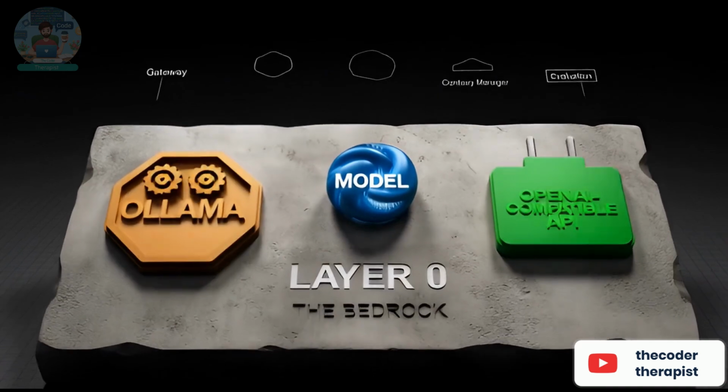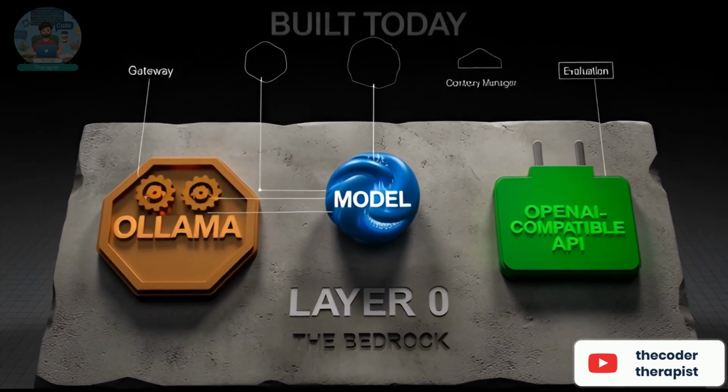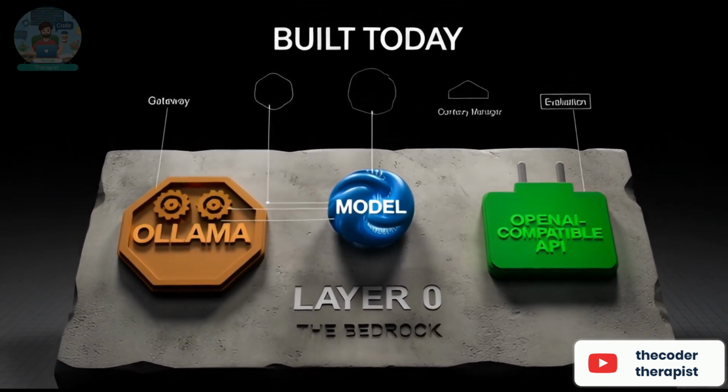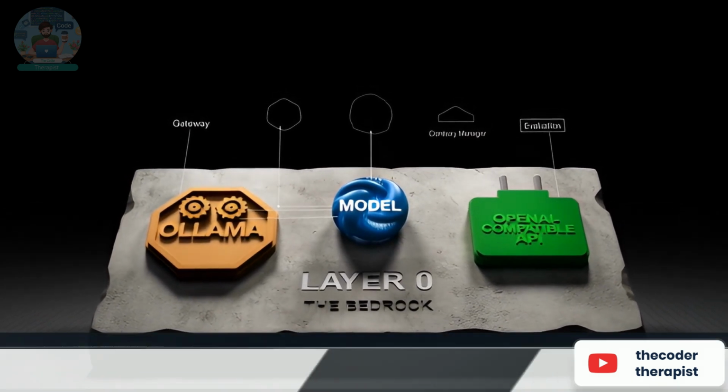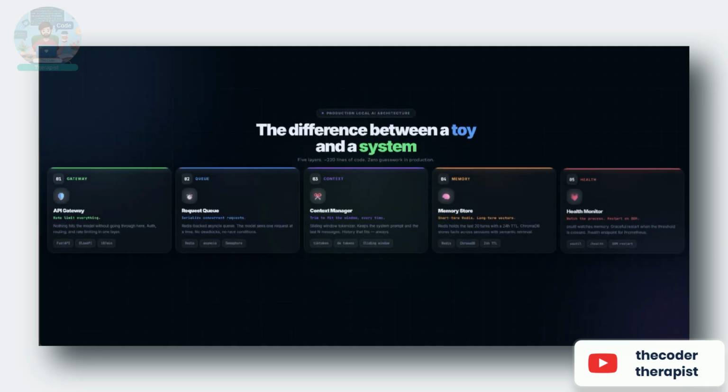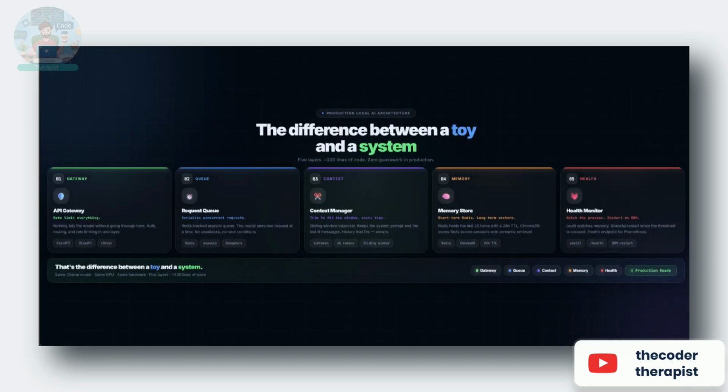Here is the architect insight I want you to leave with. What we built today, Ollama, plus a model, plus an OpenAI-compatible API, that is layer 0. The bare metal, the naked model. It works, but it is not a production system. In the last video, I showed you the 5 layers every production system needs.